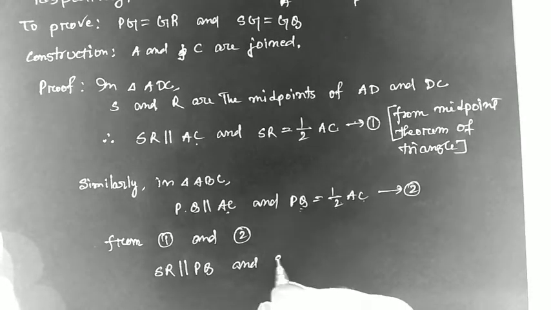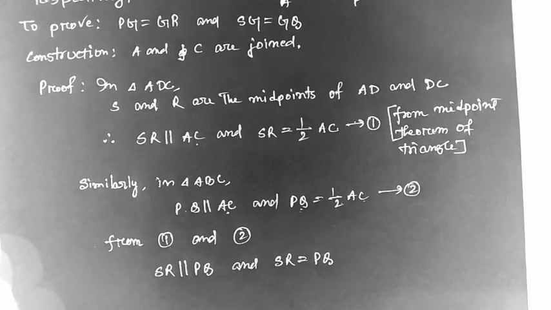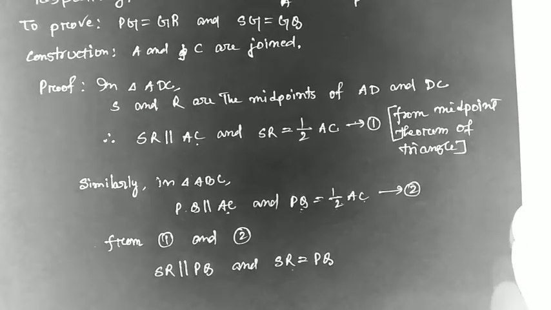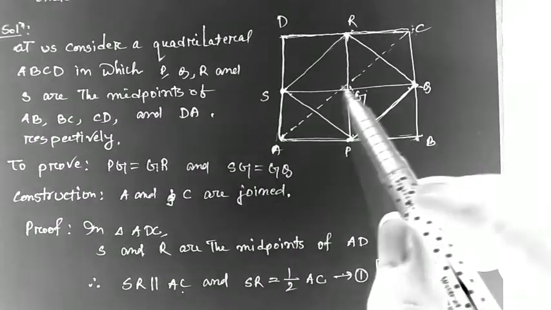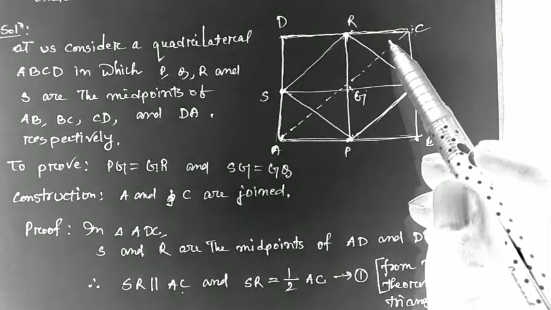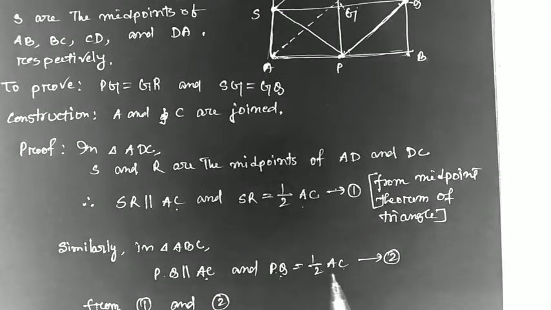Therefore we can write SR is equal to PQ. Why? Because from Euclid's axioms, things equal to the same thing are also equal. Since SR and PQ are both half of AC, they are equal.